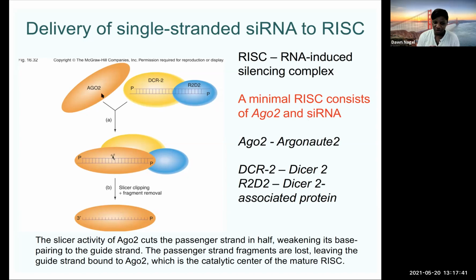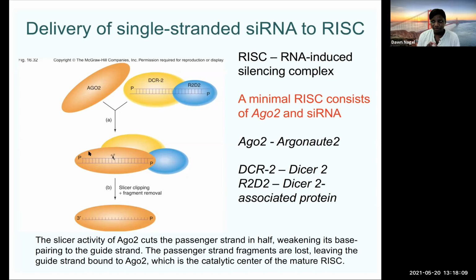In addition to Argonaute-2, you also have two other proteins. You have this Dicer protein, and you also have another Dicer-like protein called R2D2. You can imagine the researchers who worked on these proteins, what might have been their favorite shows, right? So this R2D2 protein is also part of this complex.